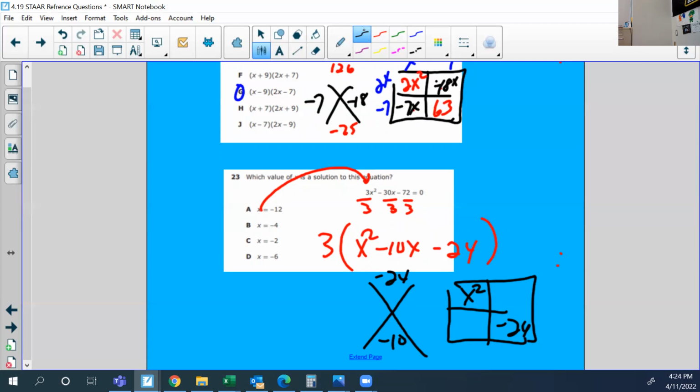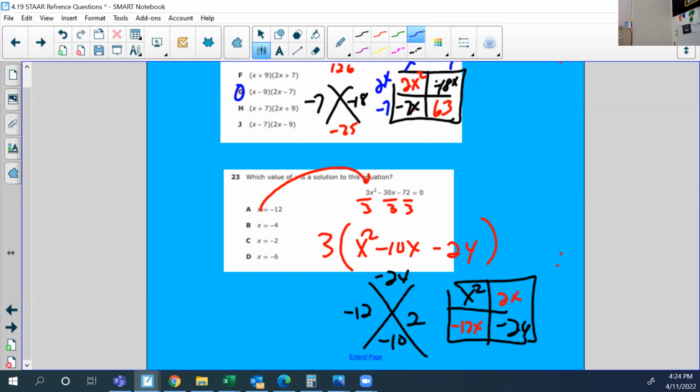Negative 12 and 2. So this becomes negative 12x and 2x.